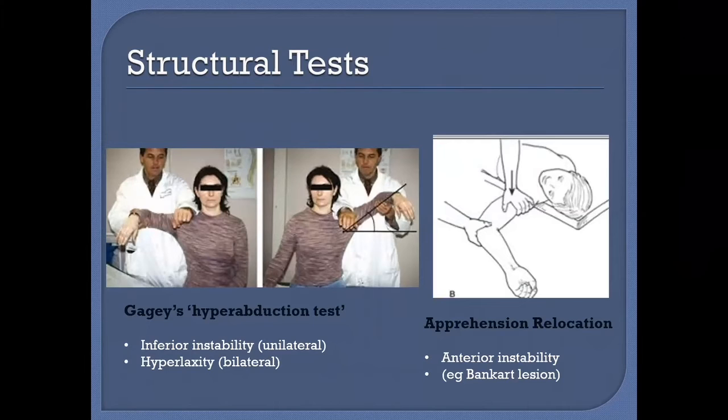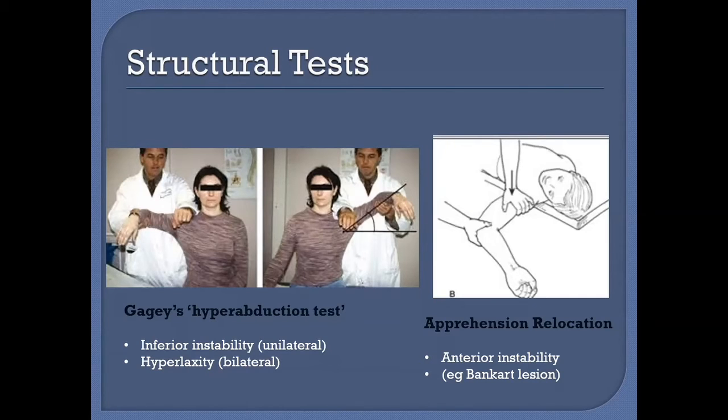In a hyperlax patient, they may get up to 140 degrees of abduction bilaterally. If it's unilateral, it's indicating a deficit in the inferior part of the glenoid labrum. So if you get 140 degrees bilateral, it indicates hyperlaxity normally, and if it's unilateral, it's deemed a positive test for a structural problem.